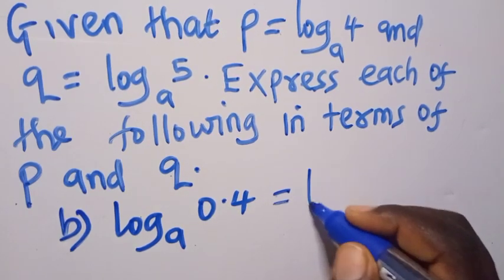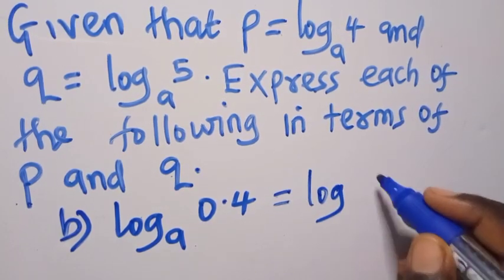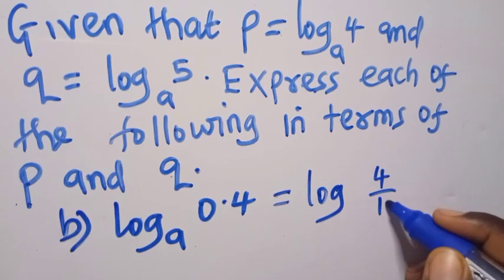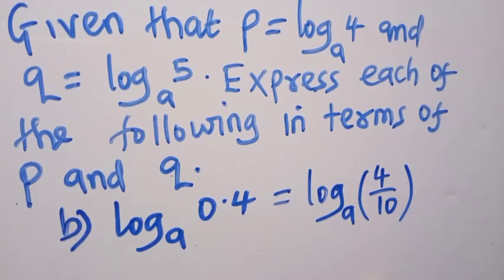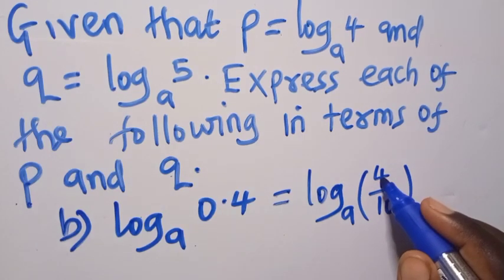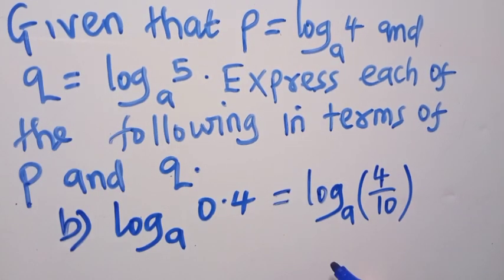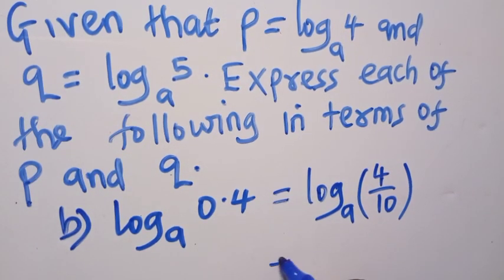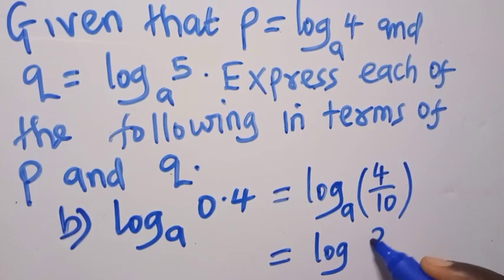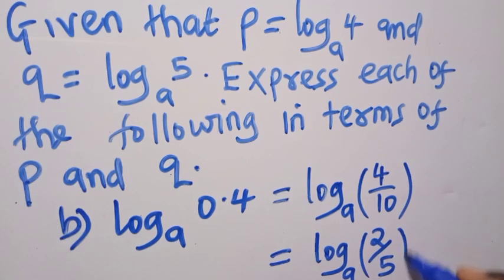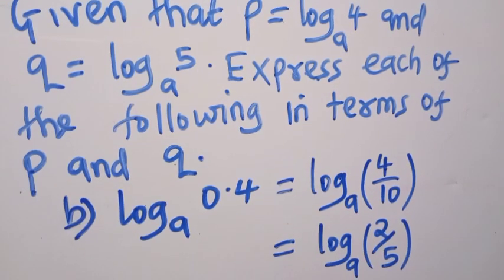Therefore, we shall have the logarithm of 4 over 10 to base a. If we simplify 4 over 10, we shall have the logarithm of 2 over 5 to base a.